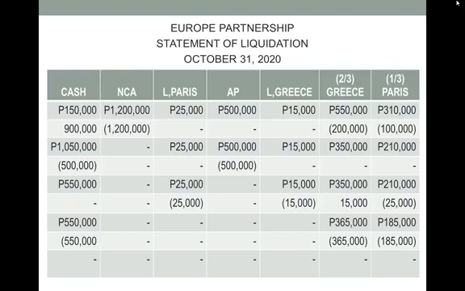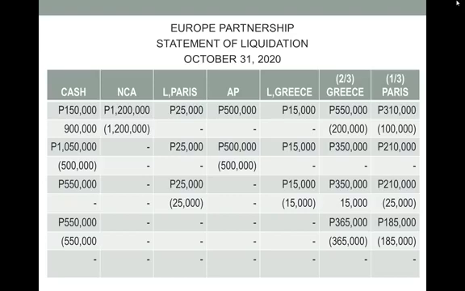If you total 365 and 185, the total is 550. So the available cash for payment to partners is determined. Simply pay the partners from the cash available for distribution. So, that is lump sum liquidation.